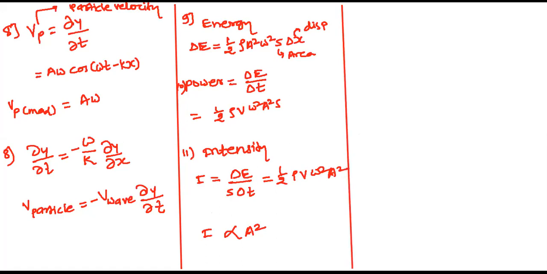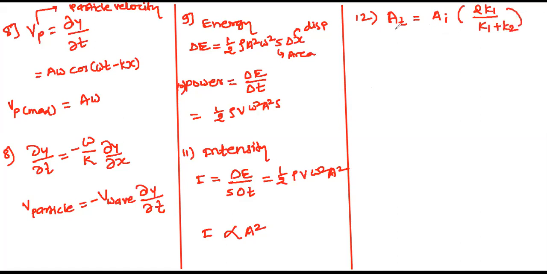Next, 12th formula. AT is equal to AI into 2K1 by K1 plus K2.